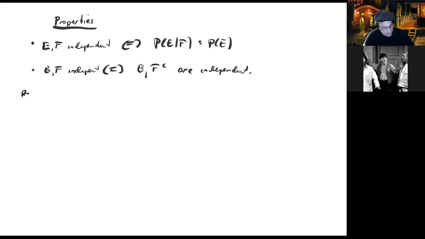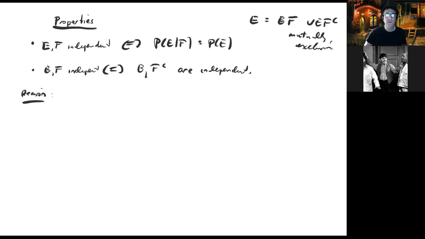Here's the reason. Let's compute. First of all, we know that E is equal to E intersect F union E intersect F complement. And these are mutually exclusive events. Therefore, the probability of E is equal to the probability of EF plus the probability of EF complement.